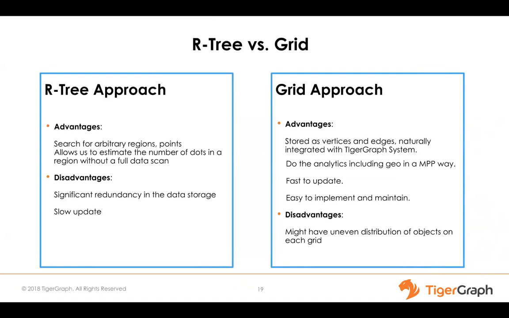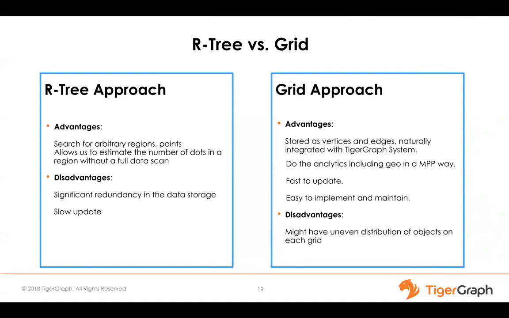The advantage of this grid-based system is that it's nothing but part of the graph. It's just the vertices and the edges. It is naturally integrated with the TigerGraph system. When you run a query on those GeoGrid vertices, it also runs in the MPP way, that is massively parallel processing, which gives you very good performance.